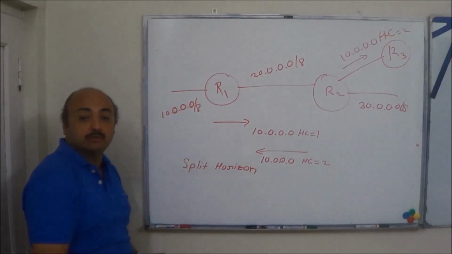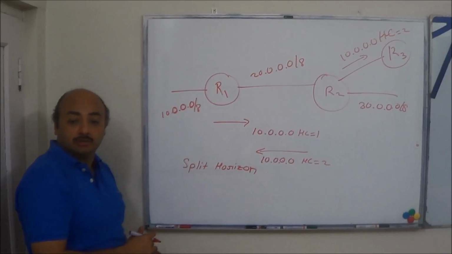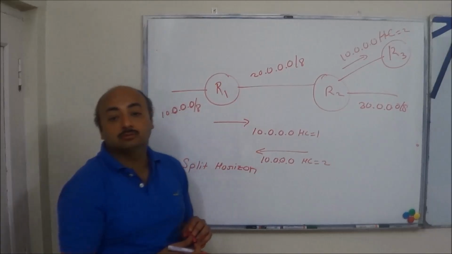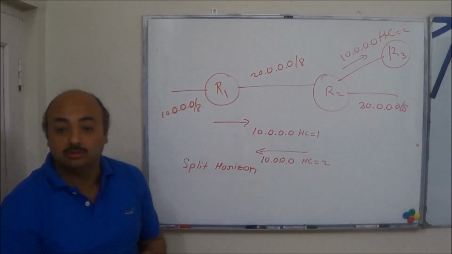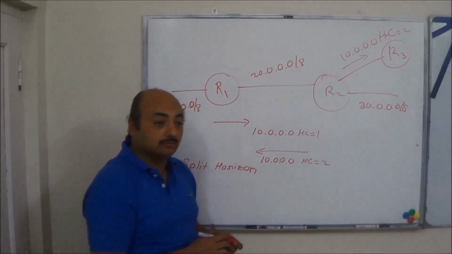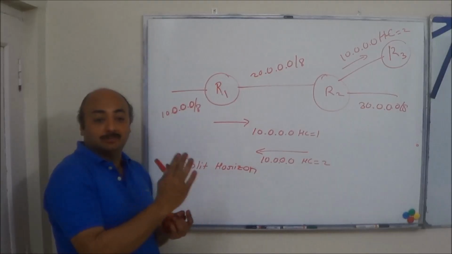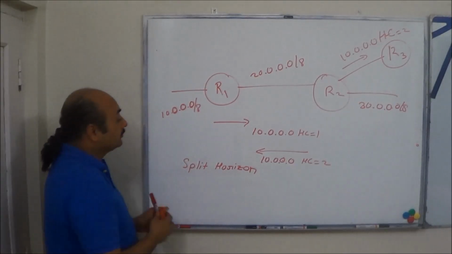Whatever you learn from your neighbor, you do not advertise back to that neighbor. So R2 is advertising to R1 what? 30 network. So R1 is not supposed to advertise to R2 what? 30 network. Understand? This is known as splitting the horizon. Okay. Next.